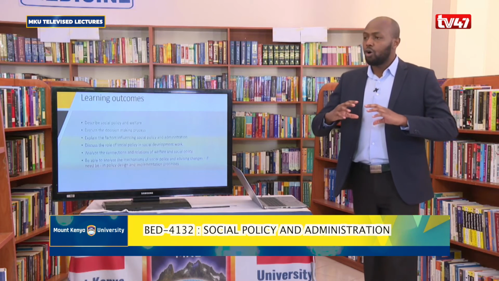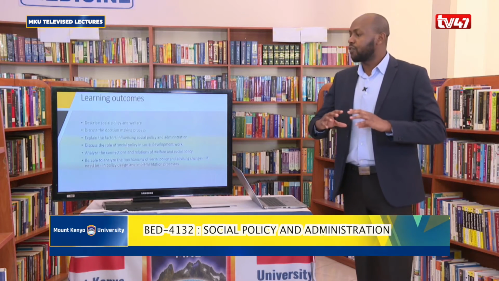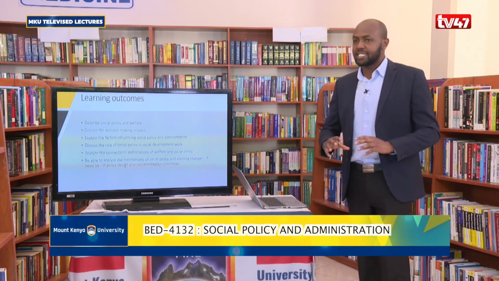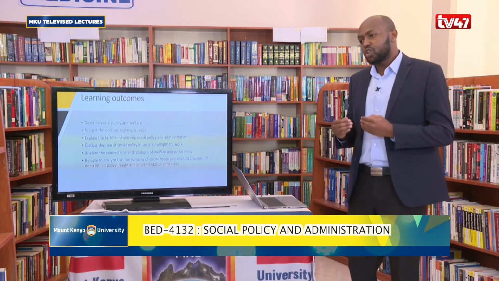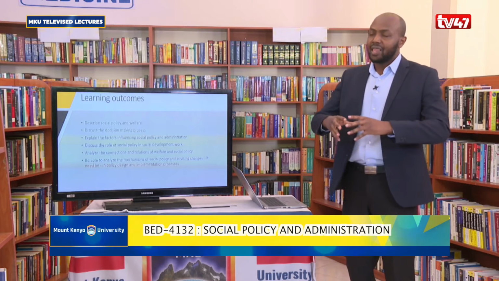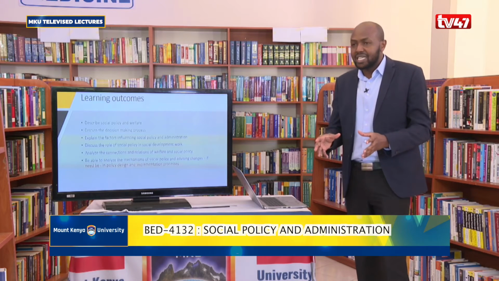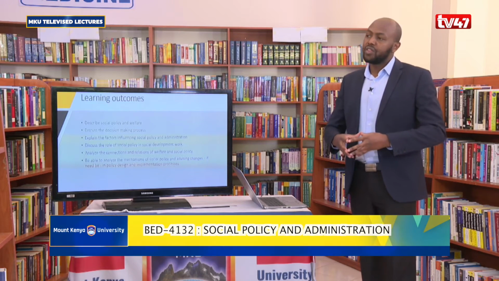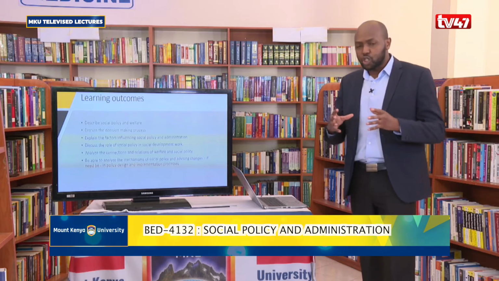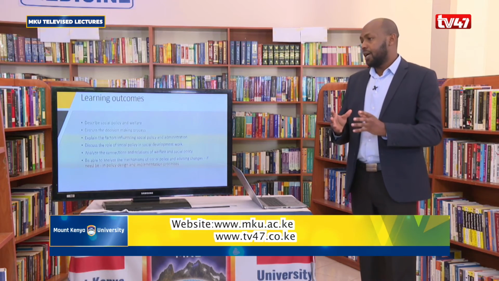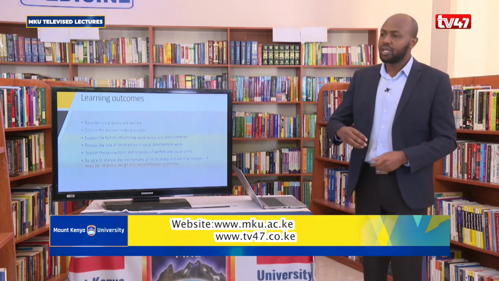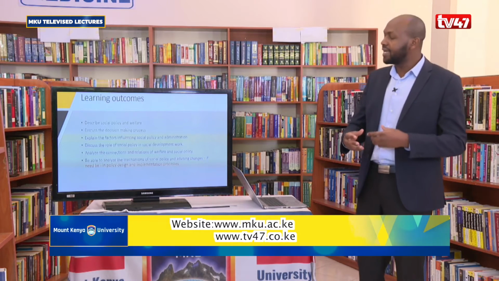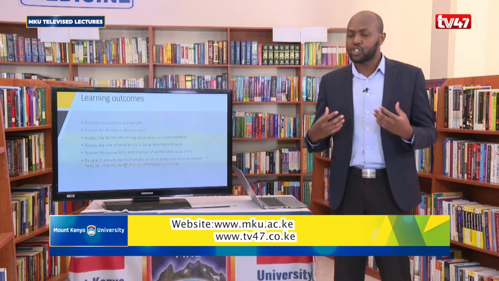The reason is that the factors existing within that context frame the nature, the scope, and the design of the social policy that you come up with within that specific context. The same also applies to administration.